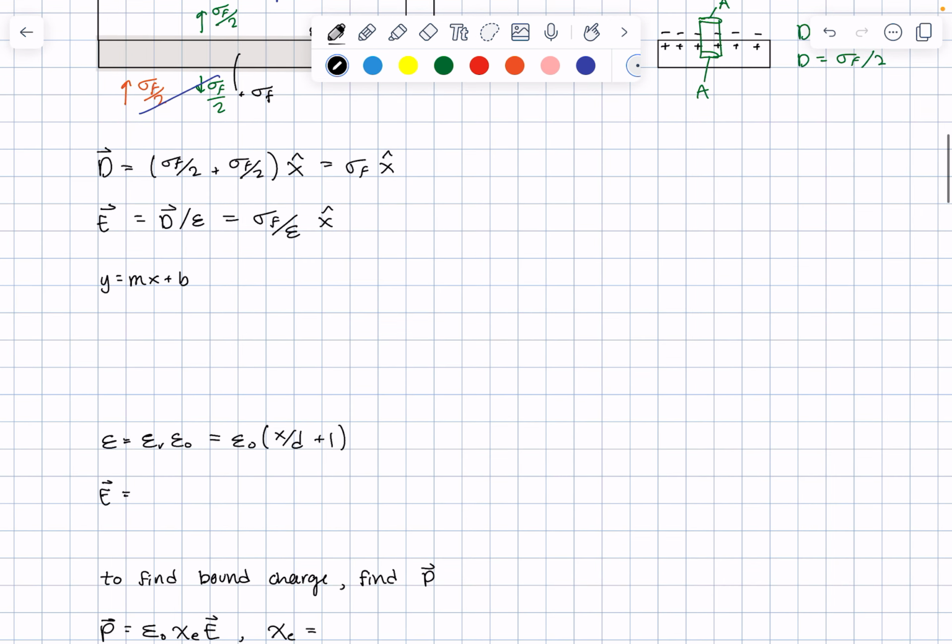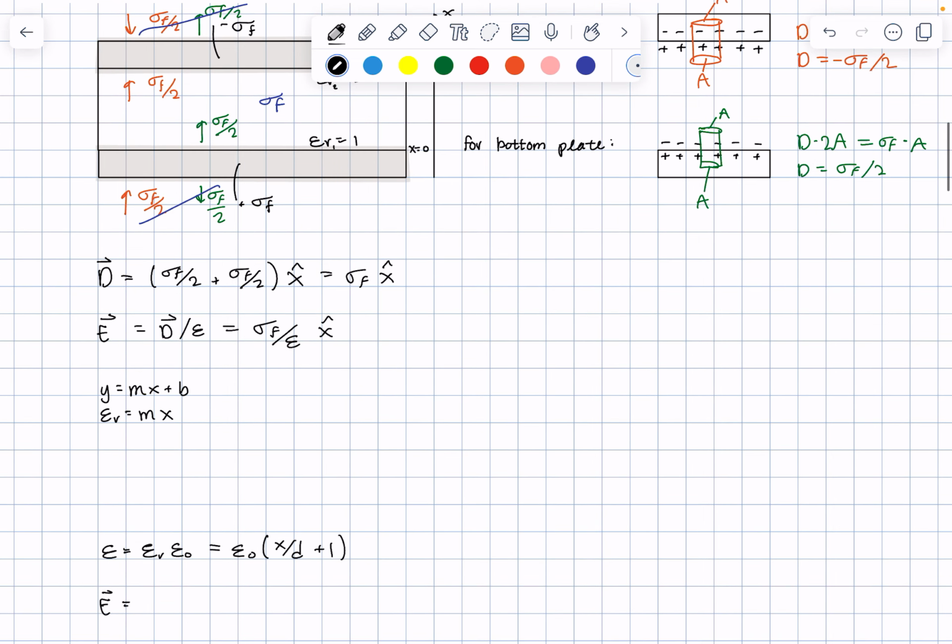So if we're doing it in the form y equals mx plus b, we can say that our dielectric constant, or our relative permittivity, is going to be epsilon R equals our slope times x plus b.